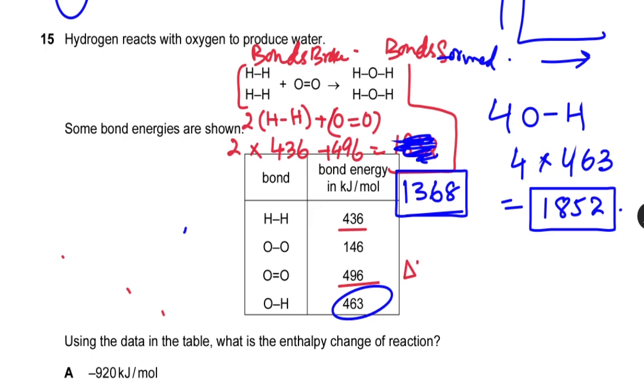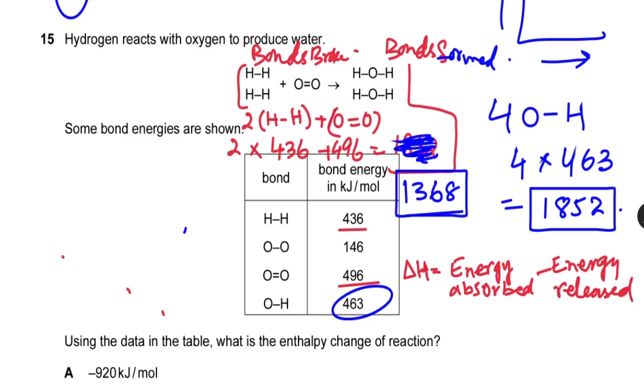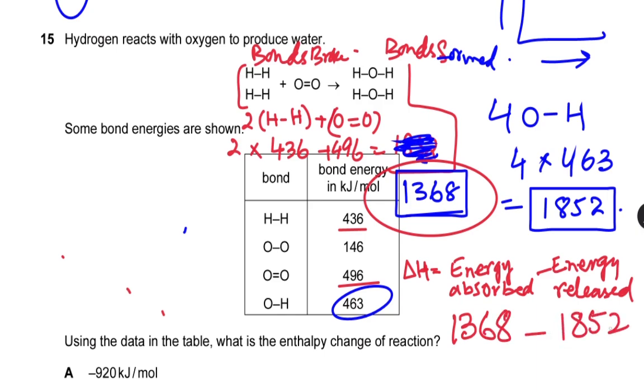Delta H is equal to energy absorbed minus energy released. Energy absorbed when bonds are broken is 1368, minus energy released 1852 when bonds are formed. So the answer is minus 484 kilojoule per mole.